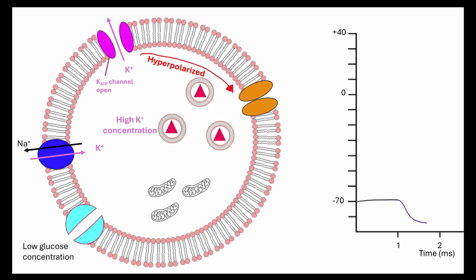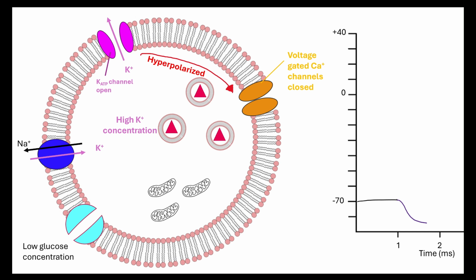So the membrane is going to become hyperpolarized, and there are voltage gated calcium channels in the membrane of the beta cell. Now, because the membrane has become hyperpolarized, and these are voltage gated calcium channels, they are going to remain closed.